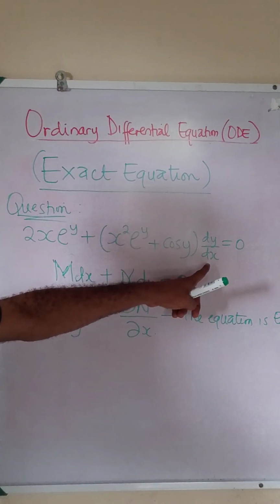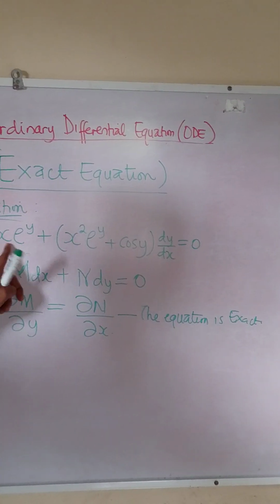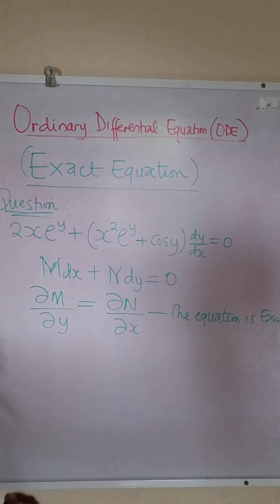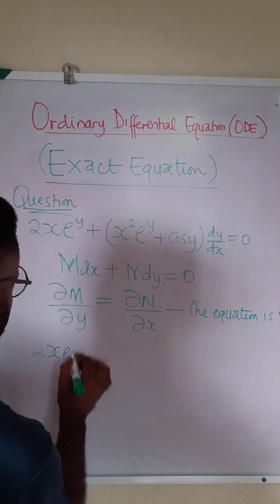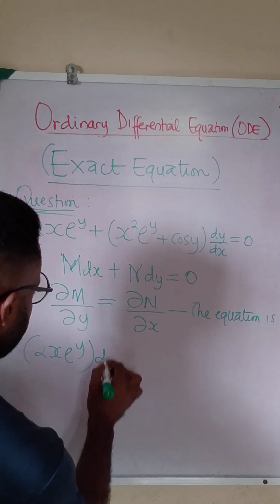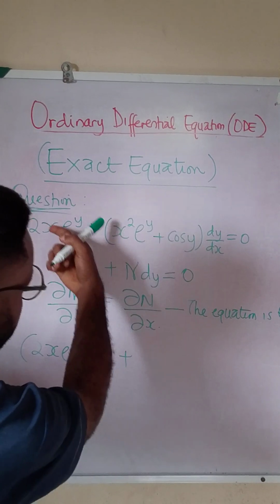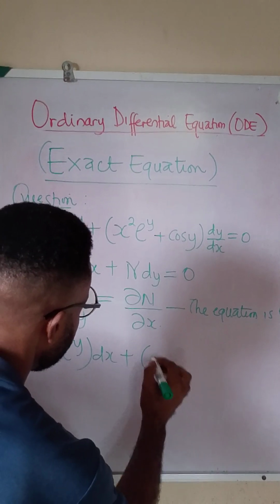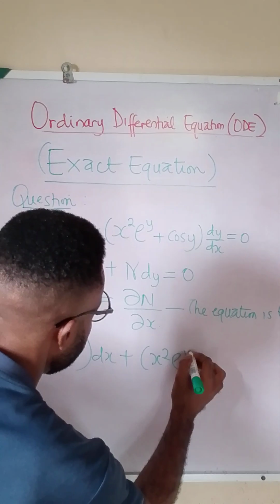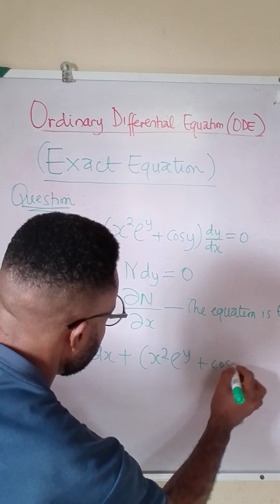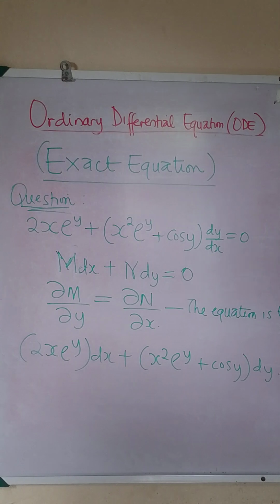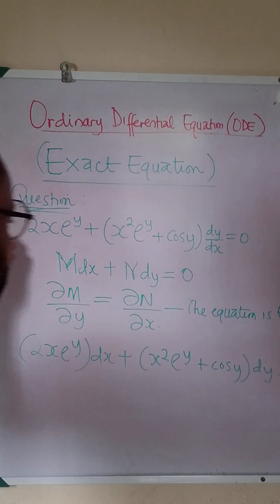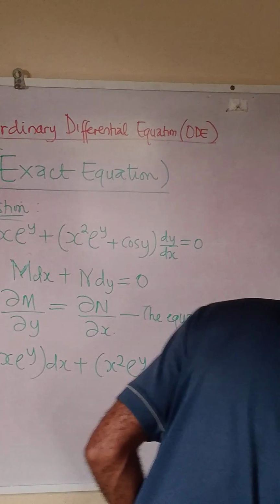When we cross multiply, the x will multiply this one, so we are going to have 2x exponent y, the x will multiply it, plus x squared exponent y plus cos y dy. If you don't want to say cross multiplying, you can say multiply through by x. Let's use that method so that we understand.